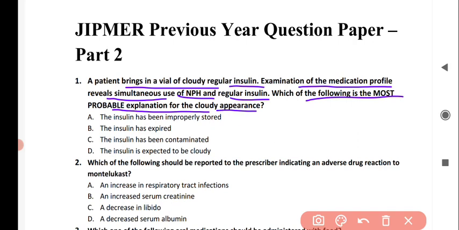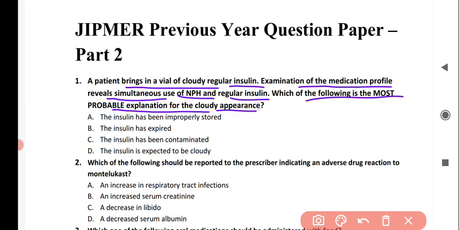So the question is simply asking that a patient is carrying with him a vial of regular insulin which appears to be cloudy, and when the examination of the medication profile is done, it reveals that there is a simultaneous use of NPH, that is neutral protamine hagedorn, and regular insulin. So we have to find the reason due to which the regular insulin appears to be cloudy.